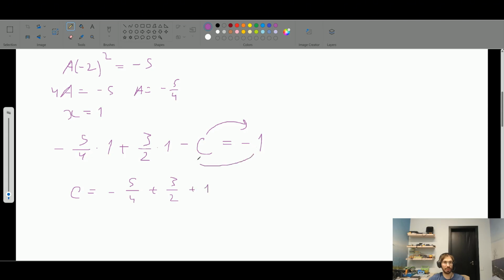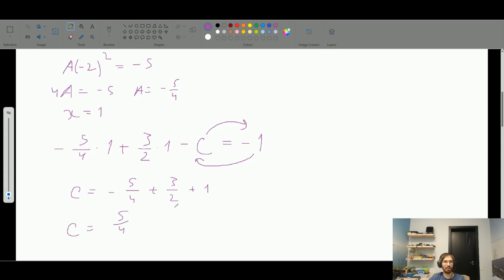So 1 we shift to the other side. So that is your c. Now you can use the calculator. Minus 5 over 4 plus 3 over 2 plus 1, and you get 1.25 or 5 over 4. So c equals 5 over 4.